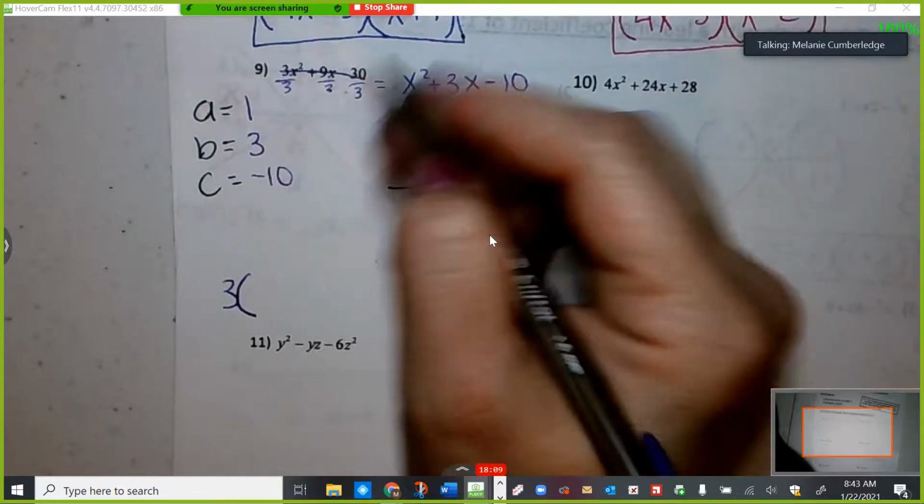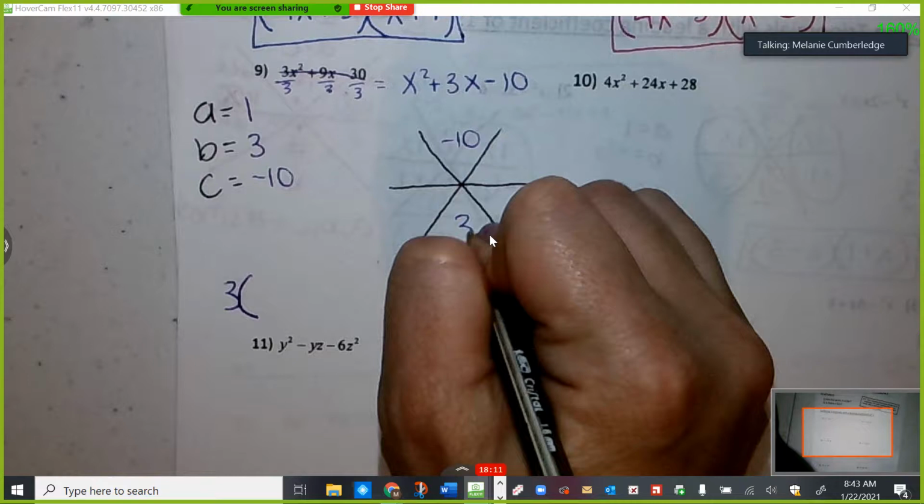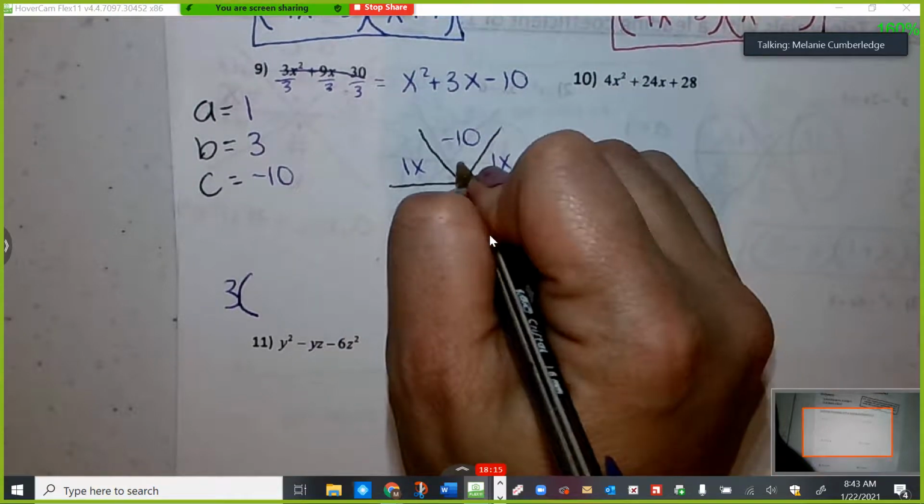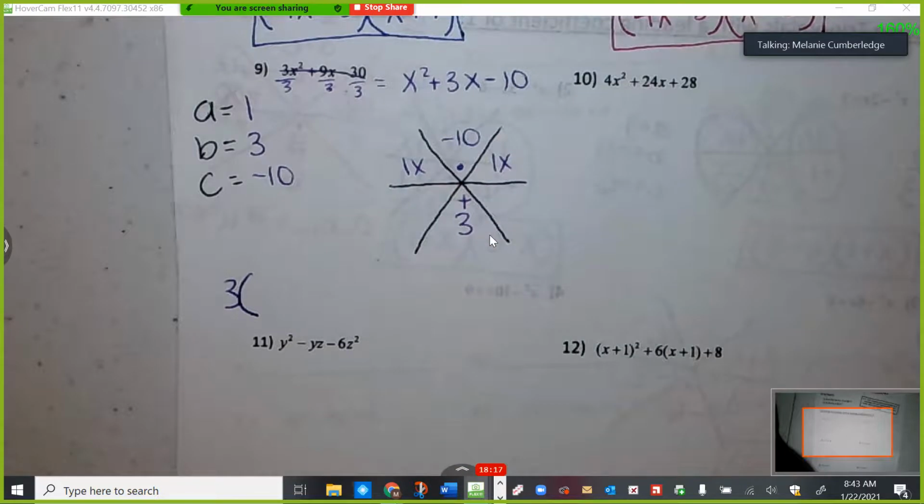A times c is negative 10, b is 3, 1x, 1x. What multiplies to give me negative 10 but adds to give me 3? Can you slow down? Yes.